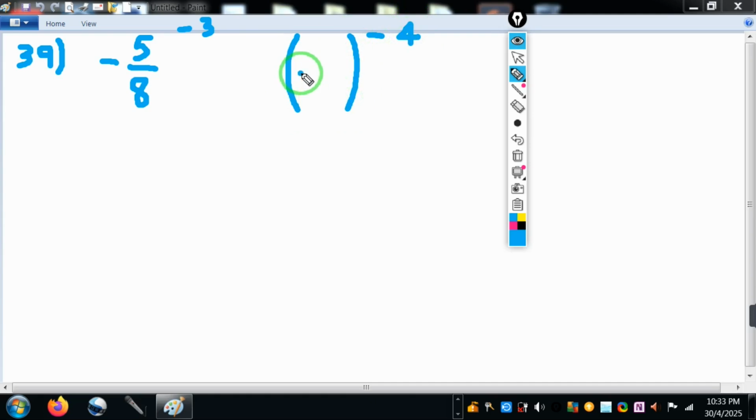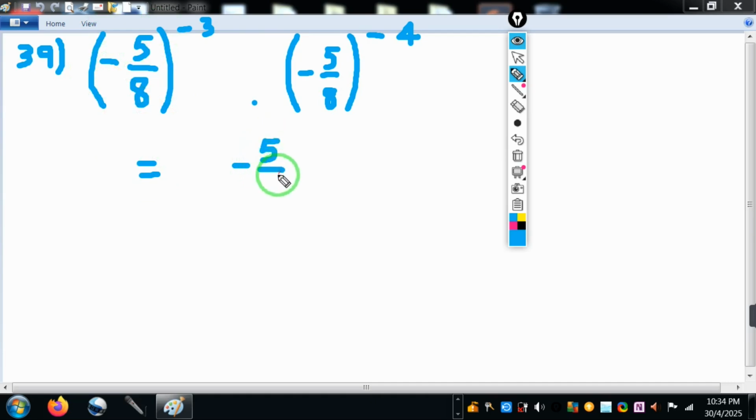The same fraction comes back, minus 5/8. The thing that we want to do is multiply. Put it in brackets. Wunderbar, wonderful in German. So the base is minus 5/8. Very good. The powers, when added up, minus 3 minus 4 will be minus 7.